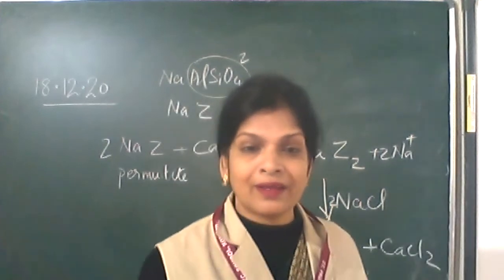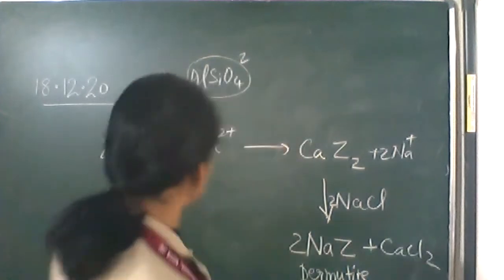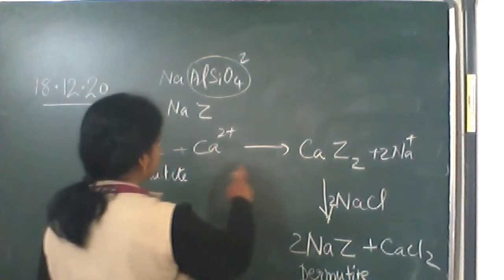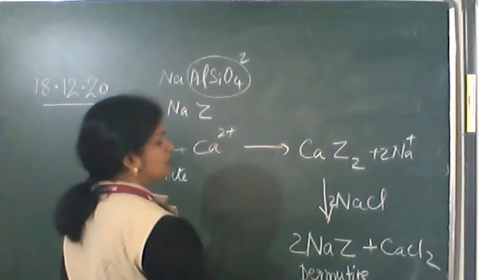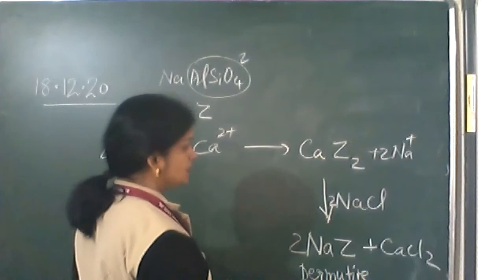So this is the ion exchange method. Ca2 plus is caught up by this permutit, and Na plus does not give any hardness to the water. So you will be getting sodium salt water as the outcome.